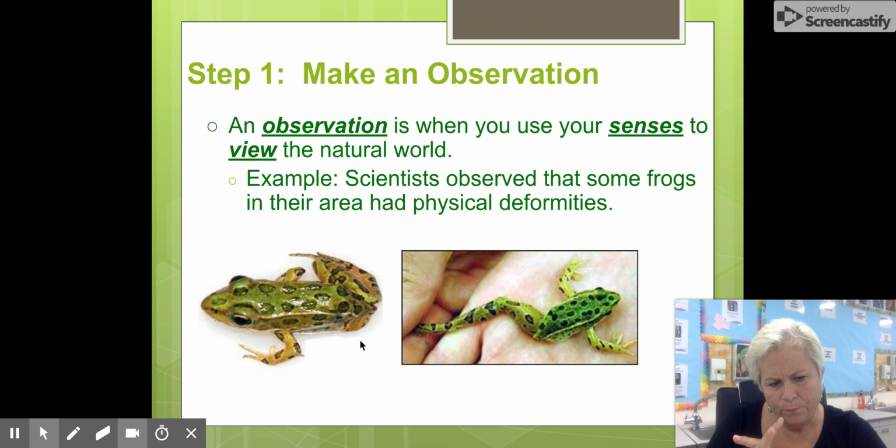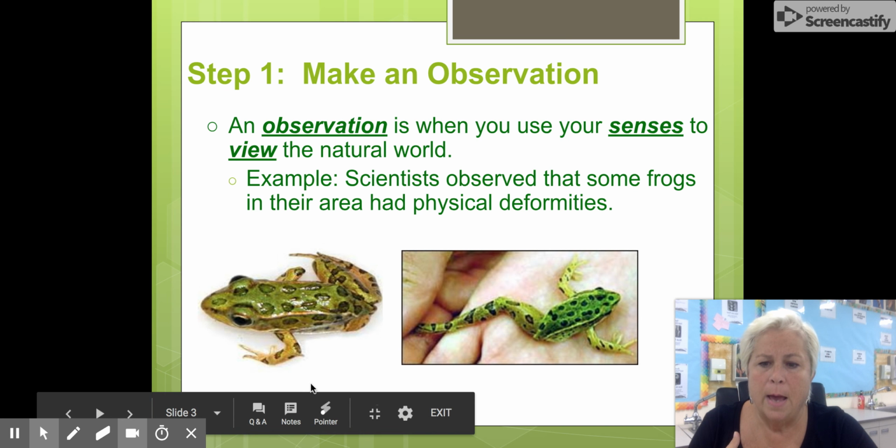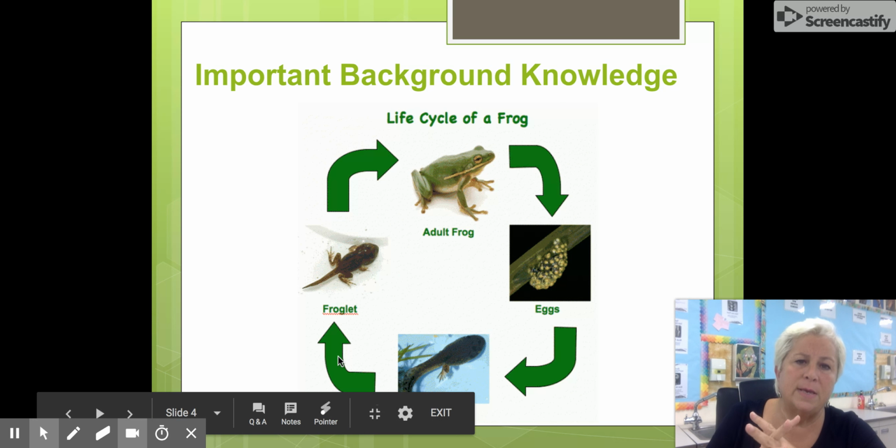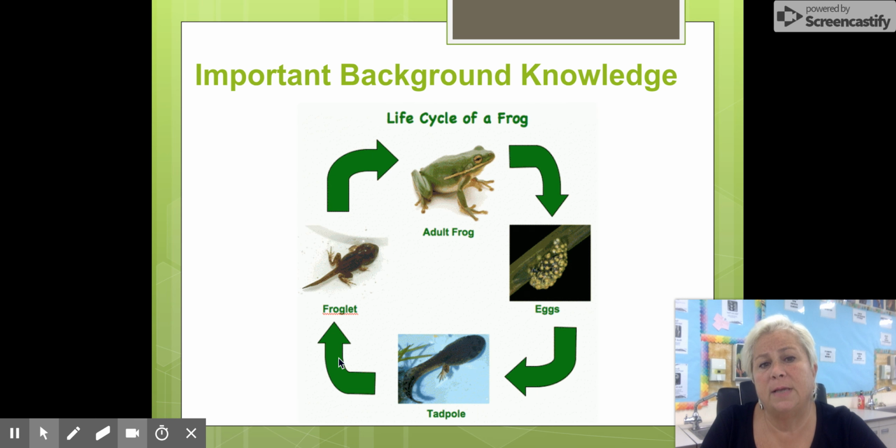So they started doing some research, and one important thing to remember is that your background knowledge is very important. Okay, so in this case, one of the really important pieces of background knowledge that these scientists needed and that you would need in order to investigate this is the life cycle of a frog. So they start as eggs. An adult frog will lay eggs.